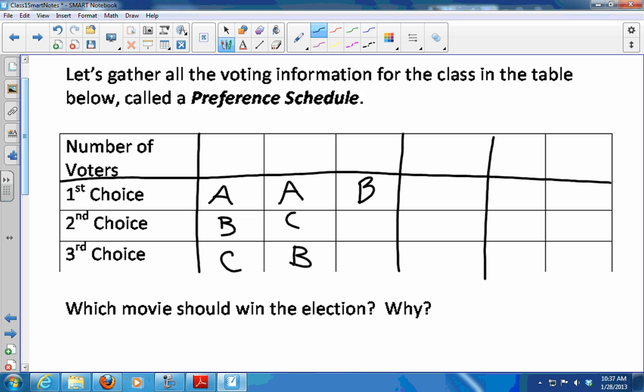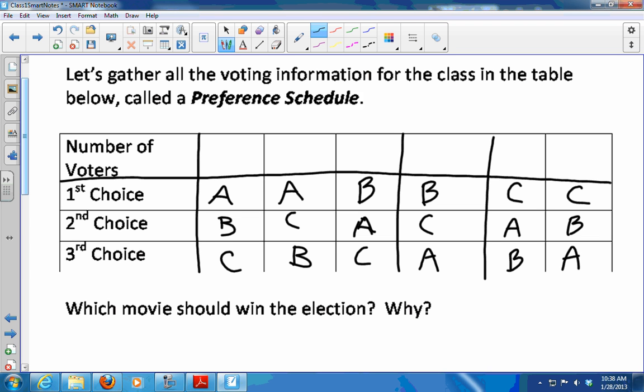And if that's my first choice, my second and third choices could be AC or CA. And if C is my first choice, my second and third place votes could either go AB or BA. So there are 6 possible ways that someone could cast their ballots in this election.